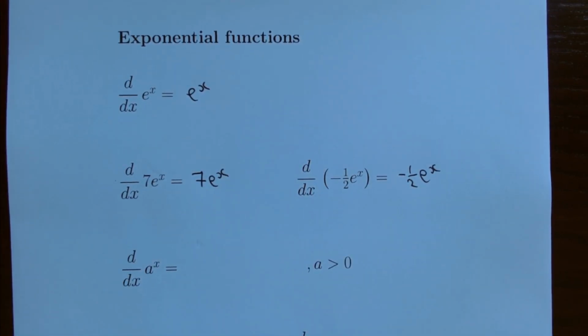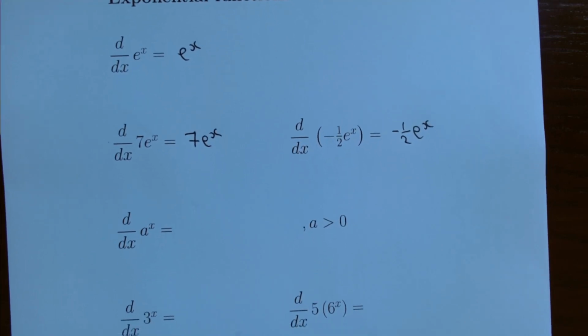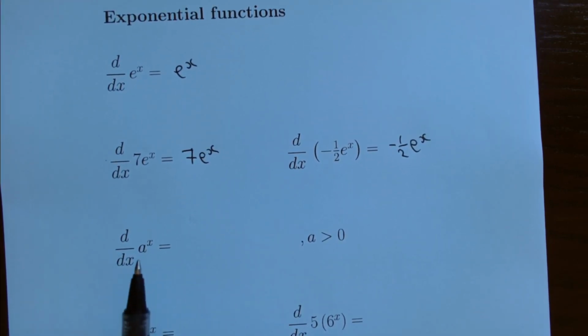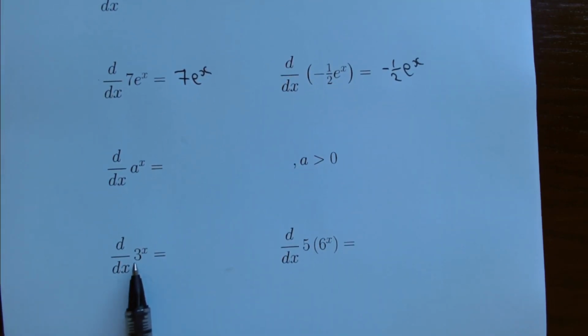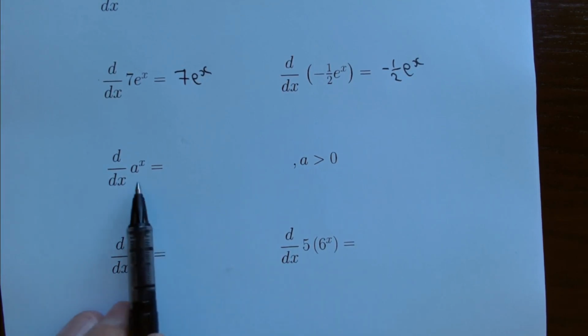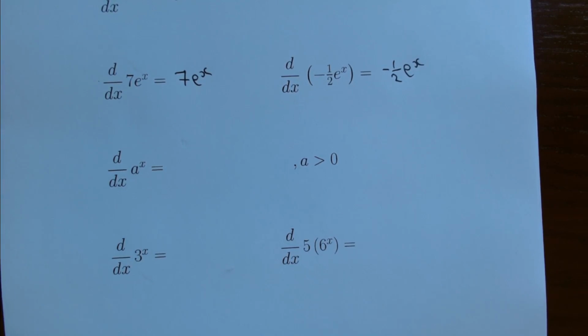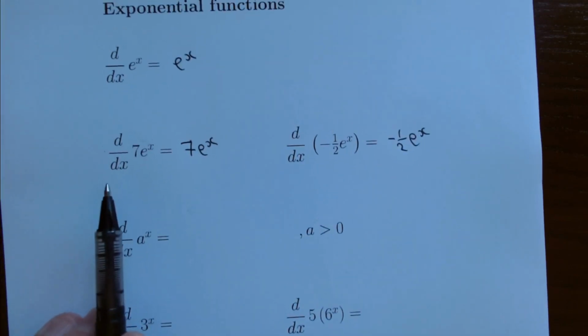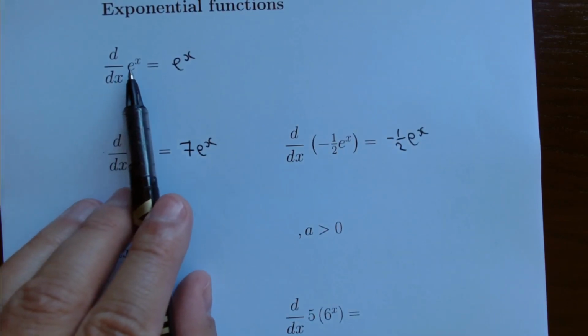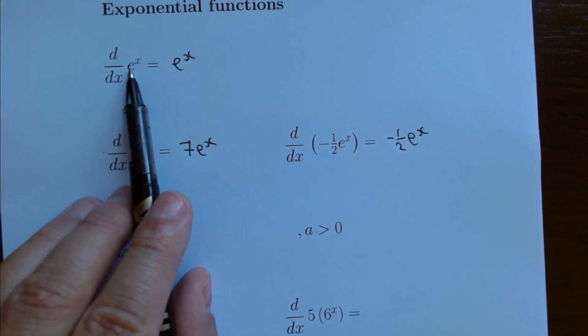So that's that. And what if we don't use an e? What if we use some other number, like a 3, or in general any number bigger than 0? The result, just like when you differentiate e to the x, you get e to the x.